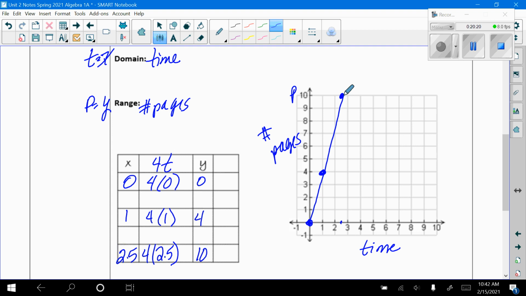So my domain is x less than or equal to 2.5, because it's at most, and 0 is my low end. And then the range: the highest I ever get is 10, the lowest is 0. So 0 is less than or equal to y, which is less than or equal to 10. That's it.